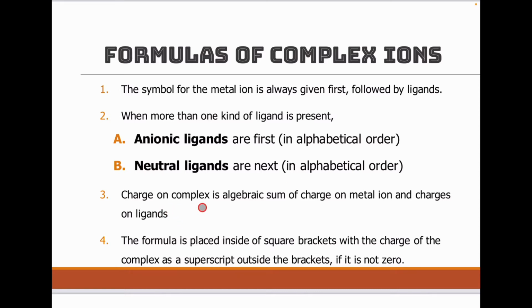The charge on the complex is the algebraic sum of the charge on the metal ion and the charges on the ligands. The formula is placed inside square brackets, with the charge of the complex as a superscript outside the brackets if it is not 0.